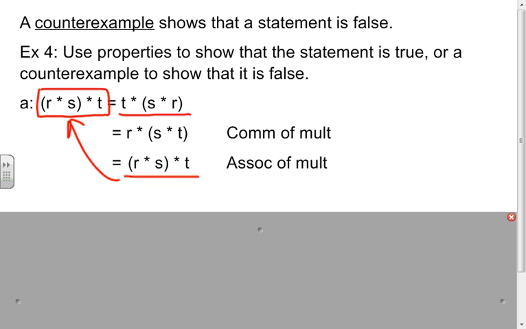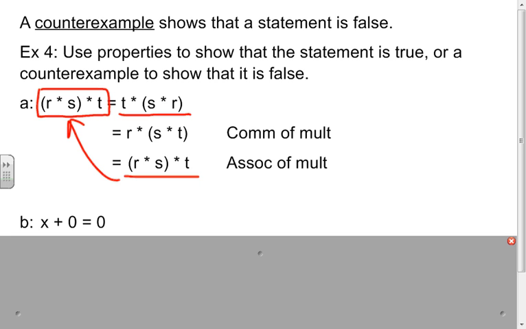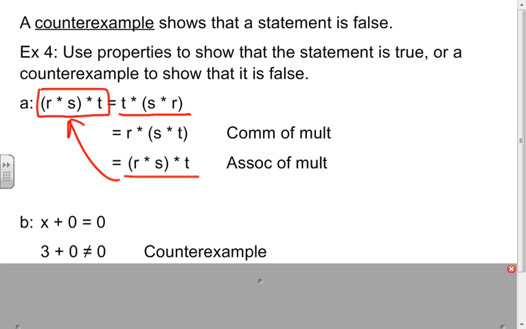Another example, x plus 0 equals 0. I don't recognize that as a property. So I'm going to see if I can come up with a counterexample to show that that's false. Can I plug in a number where that x is, where this isn't true? Sure I can. If I plug in a 3, is 3 plus 0 equal to 0?